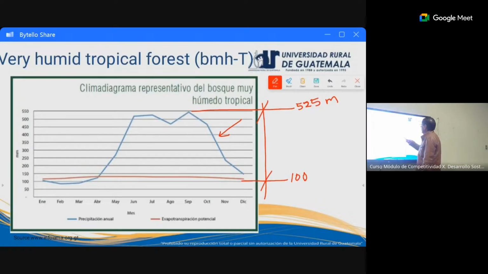So we have this amount of water from the months of, let's say, March to November. Okay? So these are the characteristics of rainfall for the very humid tropical forest.